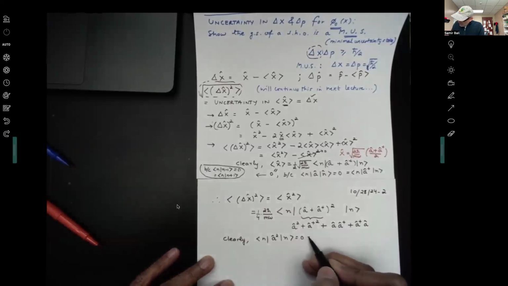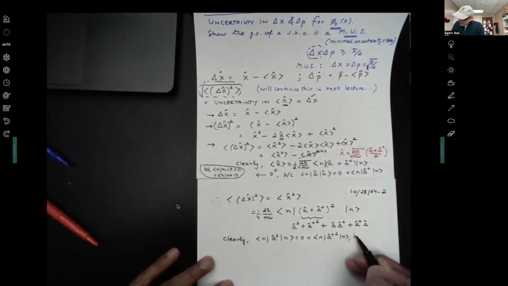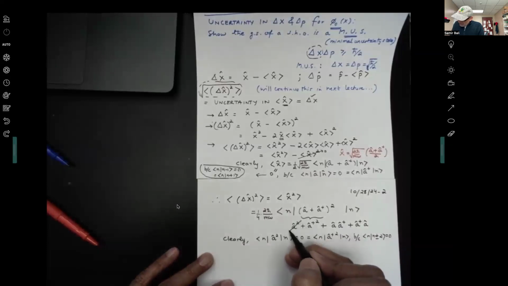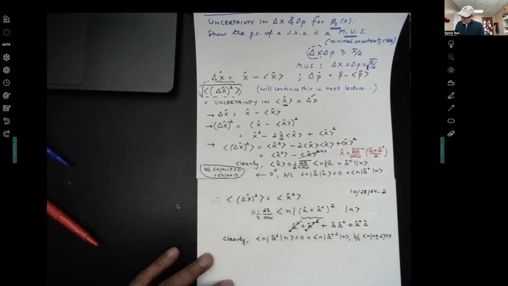So it's 0, as of course is also the case for A dagger squared, right? And so it's because n plus n minus 2 is 0. So this goes away, that goes away, and you're left with A A dagger plus A dagger A.